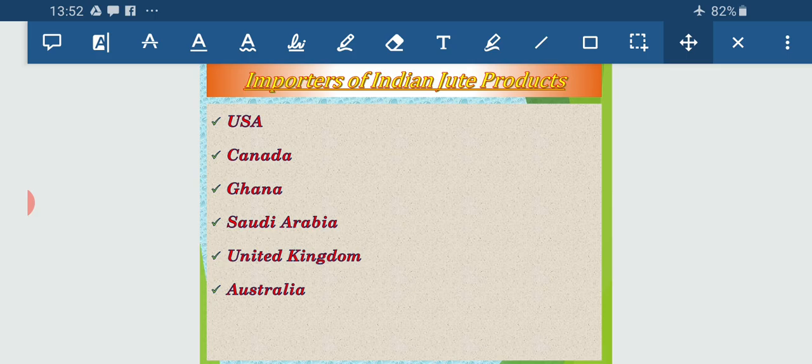The questions can follow according to the topic: what is the status of the jute industry; what are the factors that influence the localization of the jute industry near the Hooghly Basin; number 3, what are the challenges faced by the jute industry; number 4, how are the internal demands of jute products being increased, or what are the measures taken by the government to increase the internal demands; and lastly, list out the importers of Indian jute products within the entire world. So, these are some questions related to the topics that I have discussed.